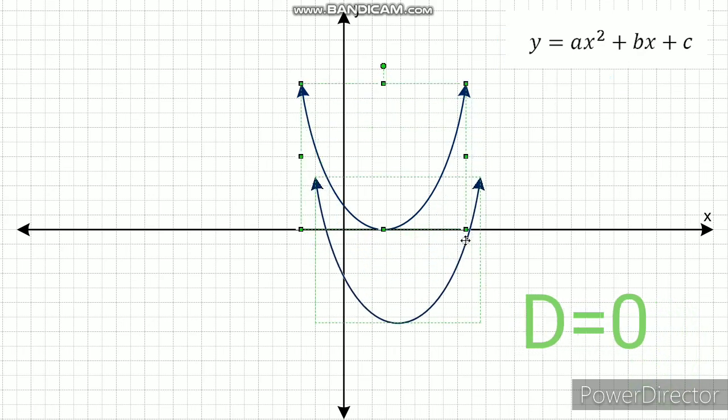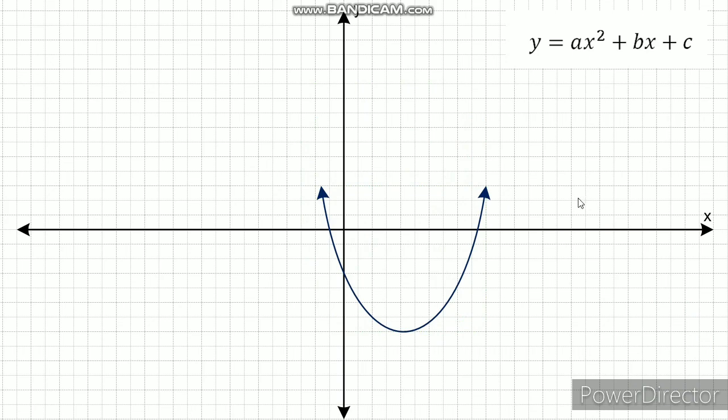And the last one, for example, like this, now we have a parabola which has one y-intercept here and two x-intercepts here and here. So if we calculate the discriminant, it will be greater than 0.